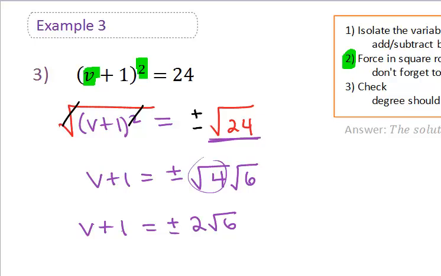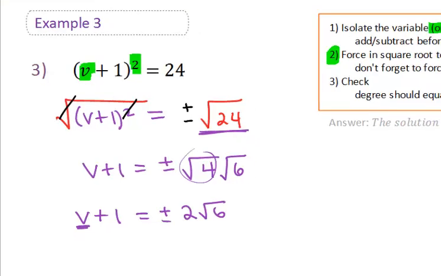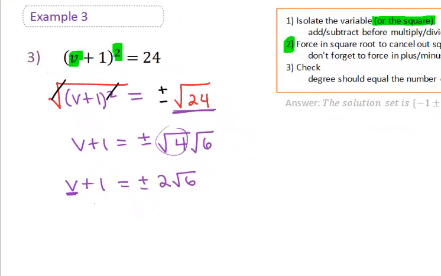Now, our job to finish solving this is to isolate your v variable. Well, you do it again by performing opposite operations. So I'm going to subtract 1 from both sides of this problem here. On the left, that cancels out those 1s, gives us the solution of v is equal to. On the right, these are not like terms because one is a whole number and one is a root.